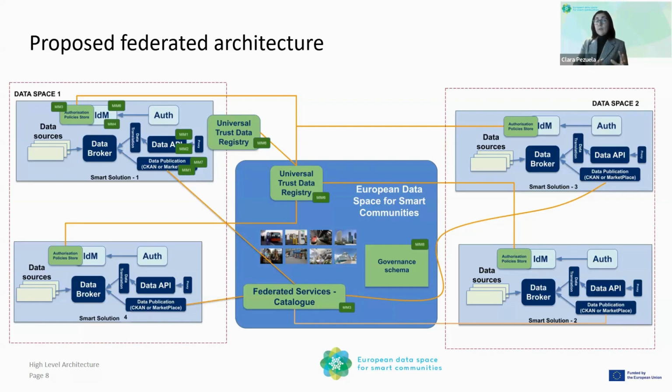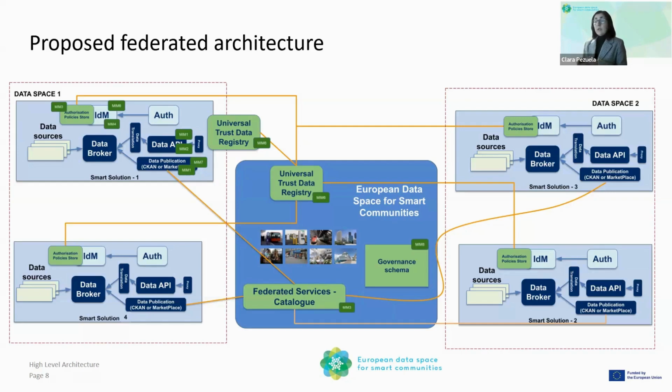This is what is going to happen at your site. On the European data space for smart communities, there will be a kind of central instance, a kind of infrastructure where we will be deploying this registry for all the data spaces federated into the European data space, and a catalog where we will also be federating the metadata descriptions of your data and services.